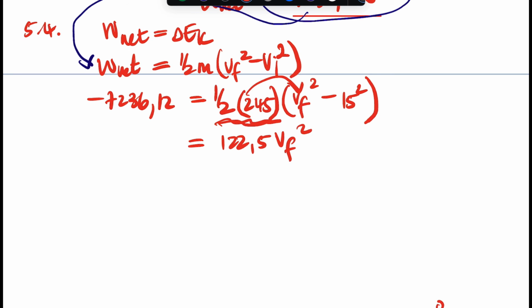So 122.5 VF squared, and then 122.5 times 15 squared, it's a negative 15 squared. So it's going to be negative 27,562.5. And then you have this negative 7,236.12. And then when you do your math now, it's easy.